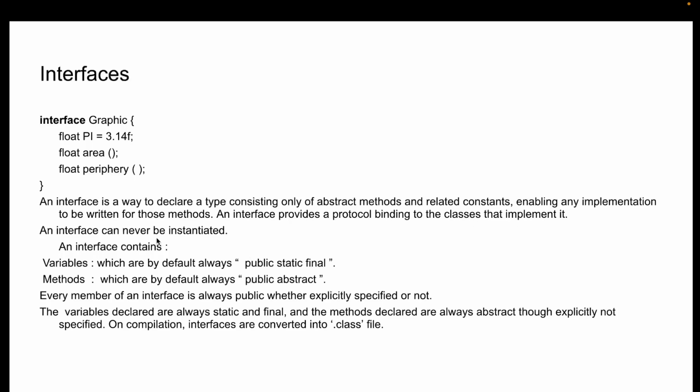So we define the prototype or the protocol in the interface, and any class which implements these interfaces will provide the implementation of those methods. An interface can never be instantiated, that is, we cannot create the object of an interface.